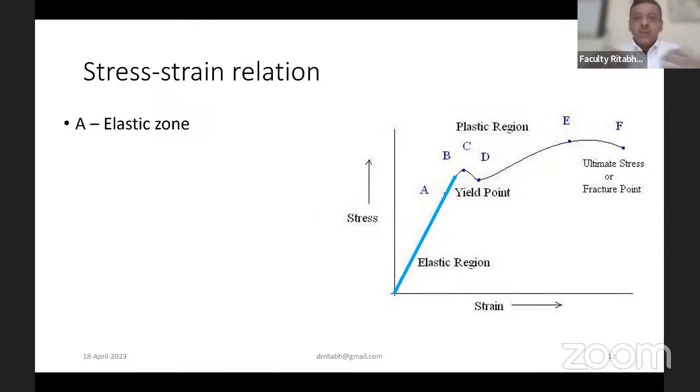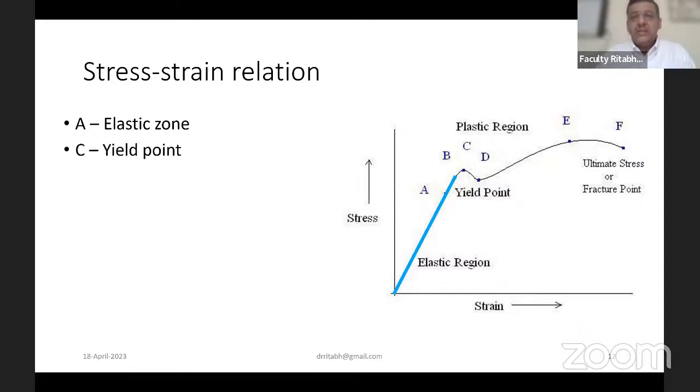So, when we run, we walk, we jump, our bones ever so lightly deform in shape, but we are ready for the next step or the next jump because the bone is elastic within a certain limit. Similarly, implants are elastic within a certain limit.